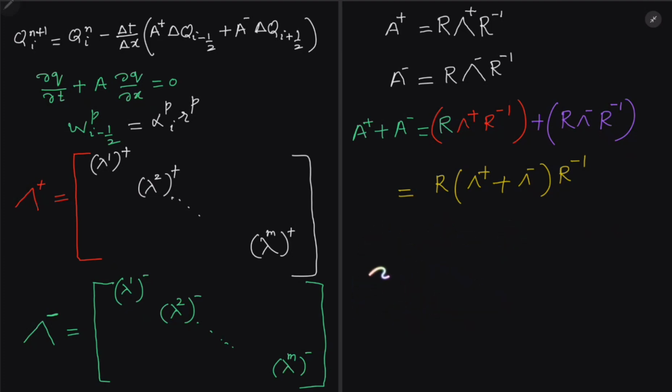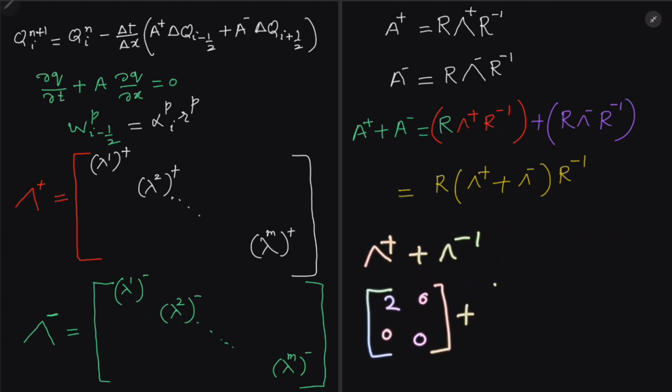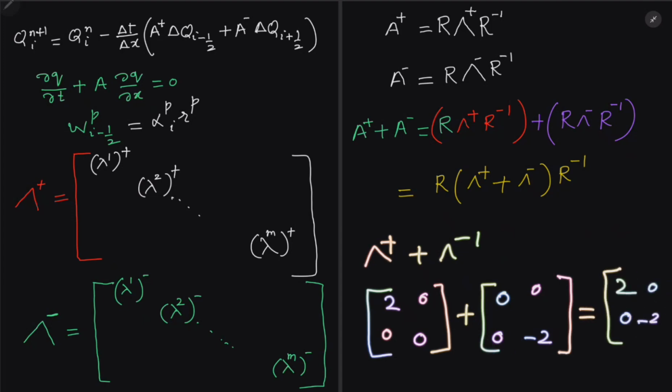Let me just write it again: omega plus and omega minus. Suppose we have 2 and 0. Only one eigenvalue is positive, and another is negative, which can be placed in this matrix. When we add these two, we have 2, 0, minus 2. So in this one matrix we have the positive eigenvalues and the negative eigenvalues.